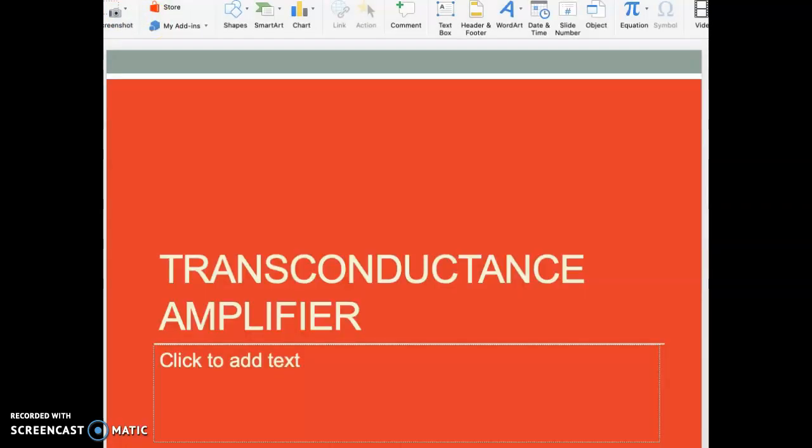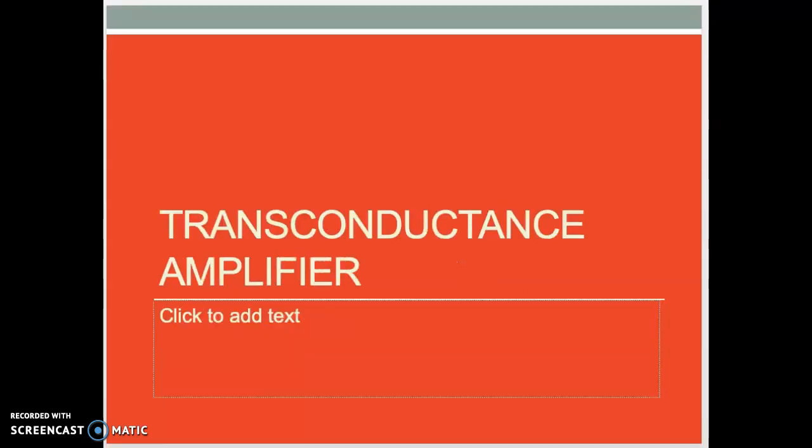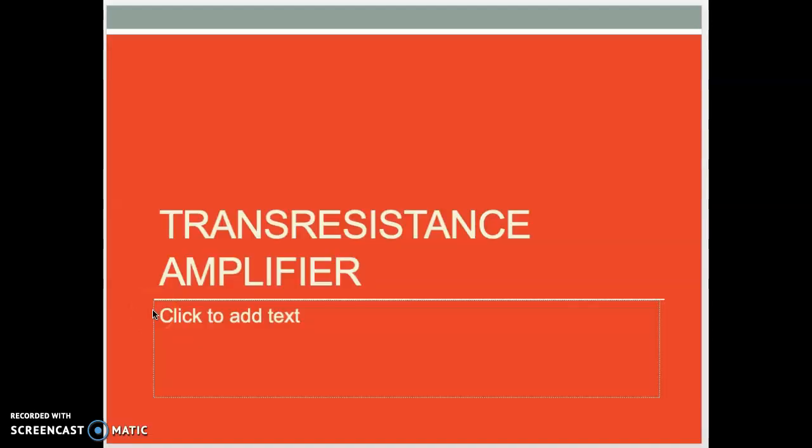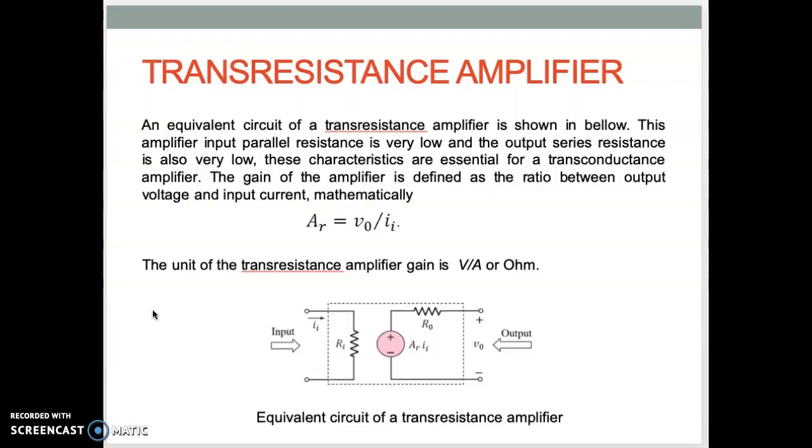For the last one, the transconductance amplifier, this is just extra information for you. For the transconductance amplifier, the output is current and the input is voltage. So when the output is current, it is noted like a current amplifier. And we have another one, the transresistance amplifier, where the output is voltage and the input is current.